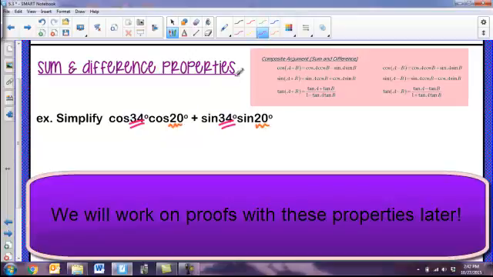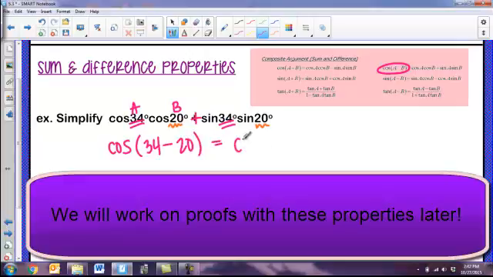So if I look on my formula chart and I find one that has cosine, cosine, and a plus sign in the middle, that means that I'm going to be using the cosine of A minus B. So I just write that as cosine, A would be 34, and then minus B would be my 20. And now I can just do some math here. So this is cosine of 34 minus 20, which is 14 degrees.